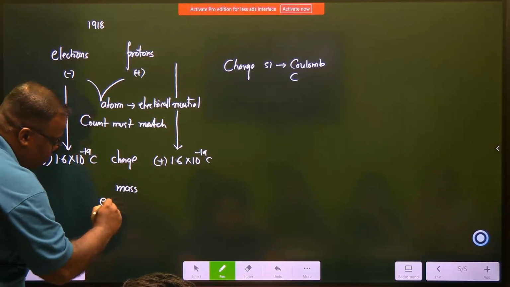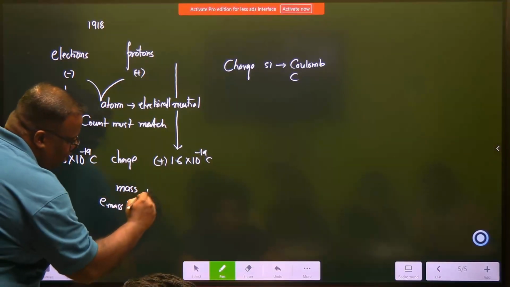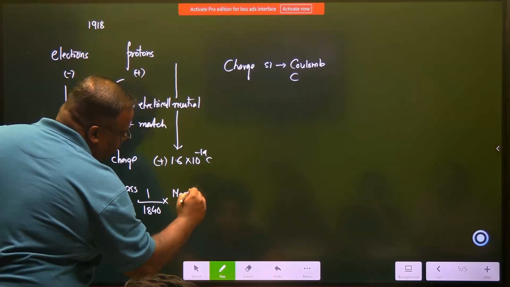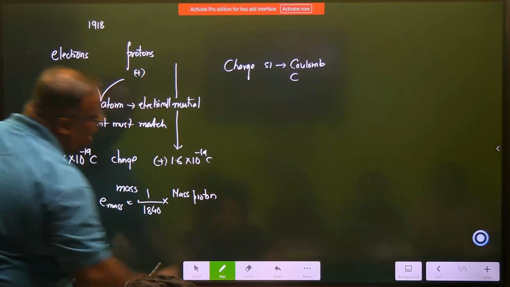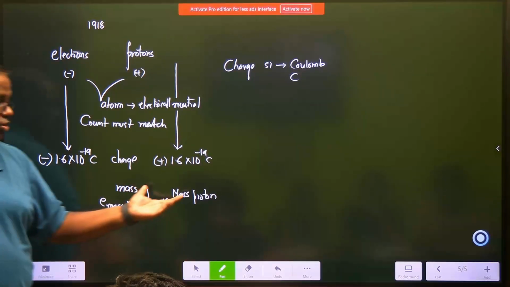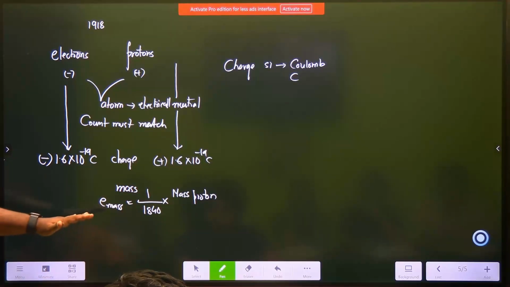Relatively, an electron's mass is 1 by 1840 times the mass of a proton, almost 1 by 2000. So just understand how light the electron is. The mass of an electron is 9.1 into 10 to the power minus 31 kg, and that of a proton is 1.6 into 10 to the power minus 27 kg. Anyway, that's not so relevant for you. You should know that the mass of an electron is much less.